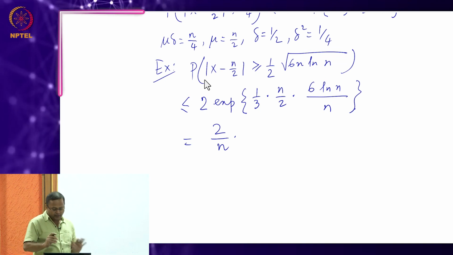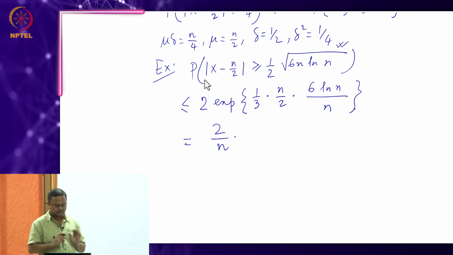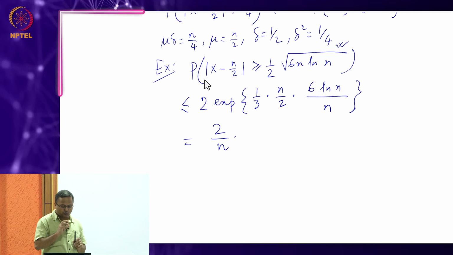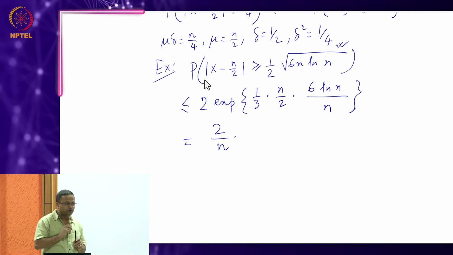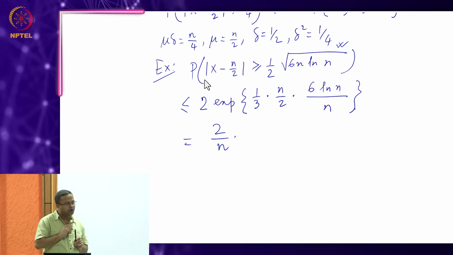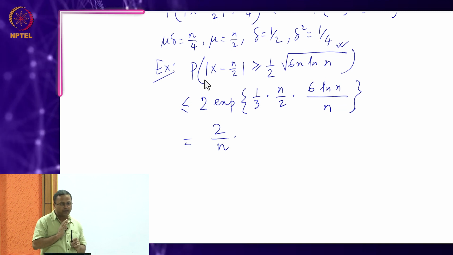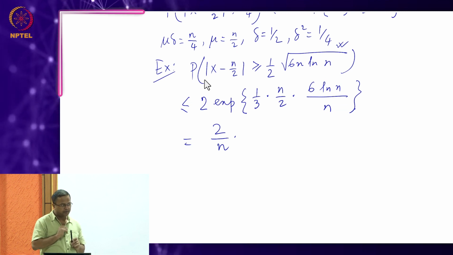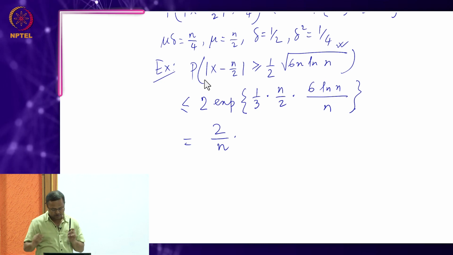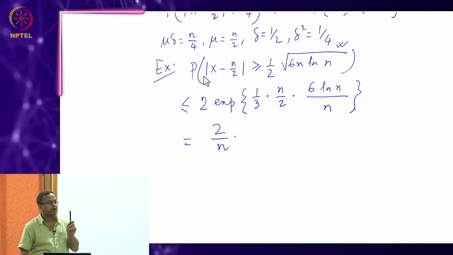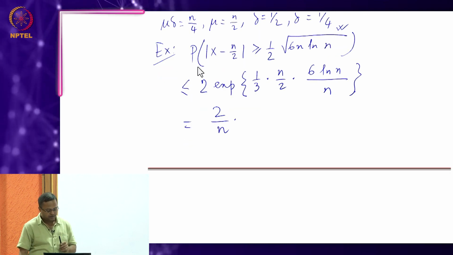Now, see, why did I choose such an expression? What I wanted to show you was, mind you, Chebyshev gave you a bound like 4 by n, remember?